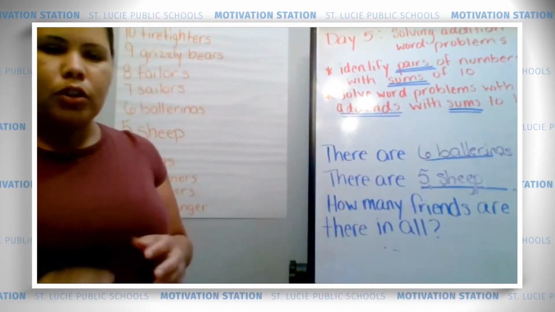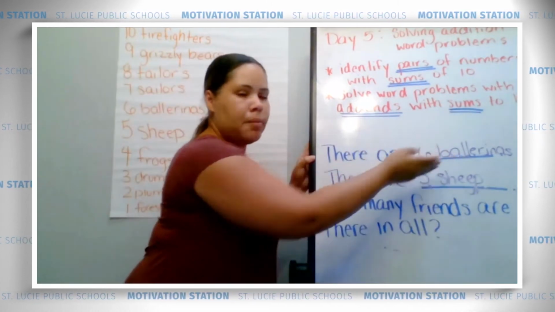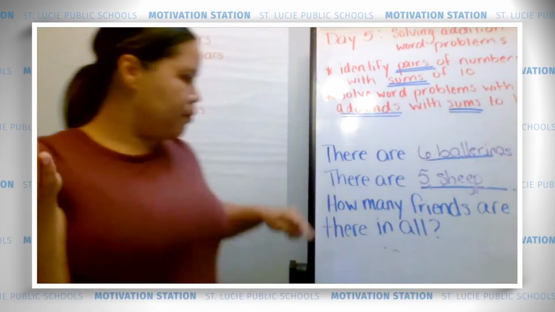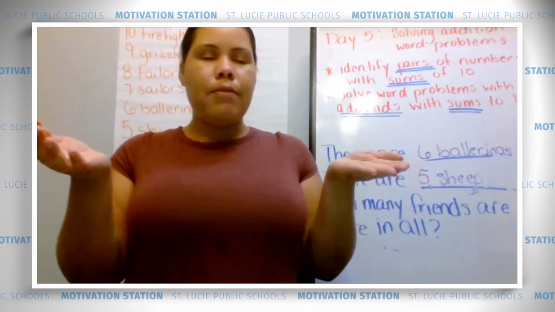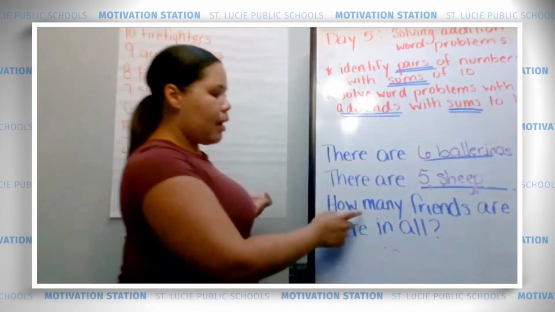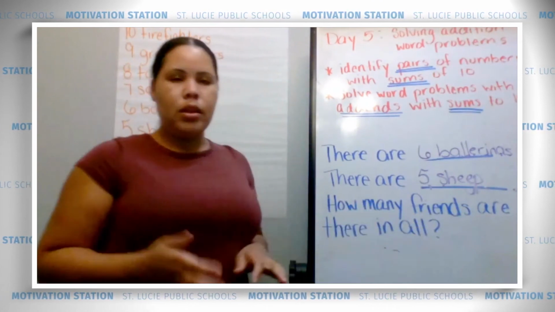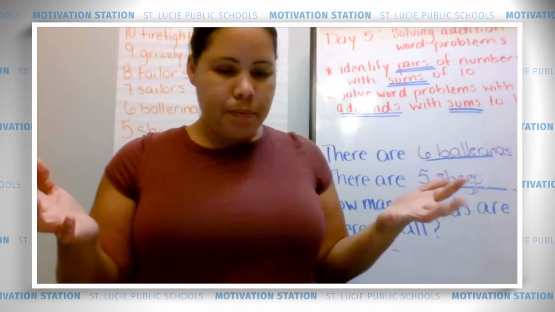Okay, let's do our visualizing again. There are 6 ballerinas. Do you see your 6 ballerinas in this side? There are 5 sheep. I see my 5 sheep. How many friends are there in all? 6 ballerinas and 5 sheep.